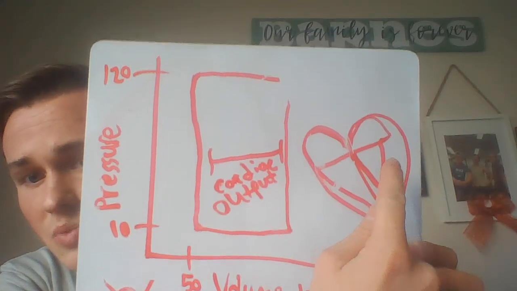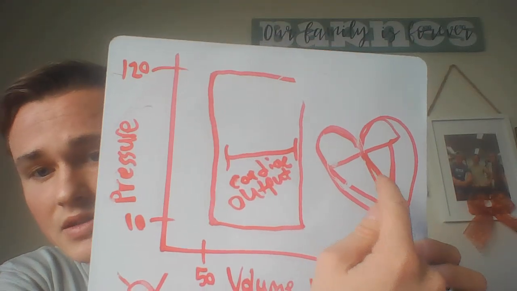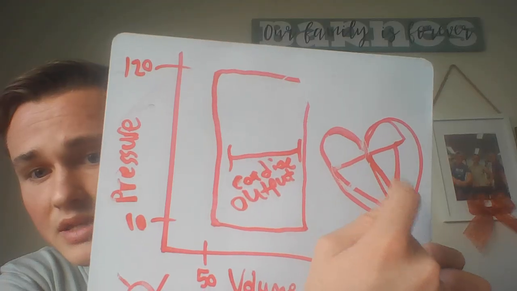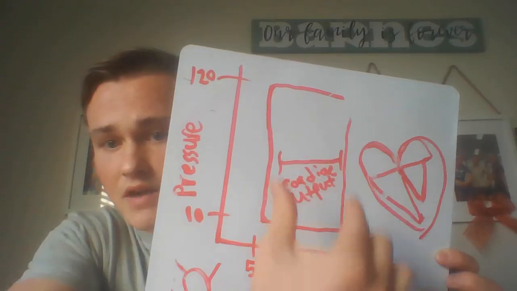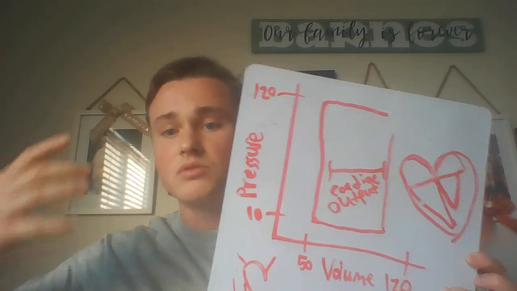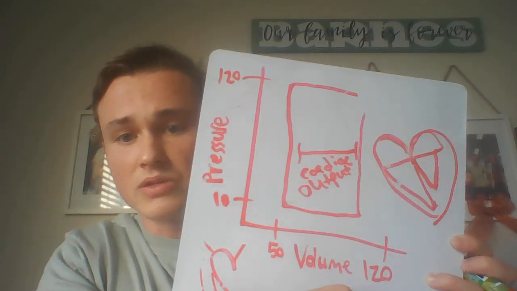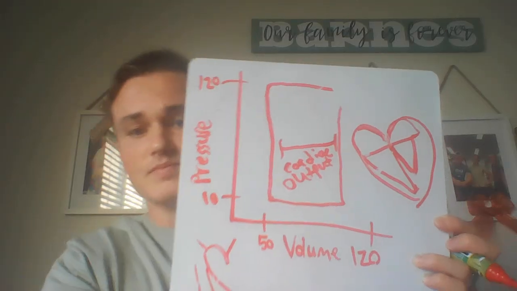And you'll get to the point where you aren't able to let in the amount of blood that you need to, and you get this shortening of volume as I have in this graph right here, which ultimately lowers your cardiac output, which is not a good thing. So that is congestive heart failure for you.